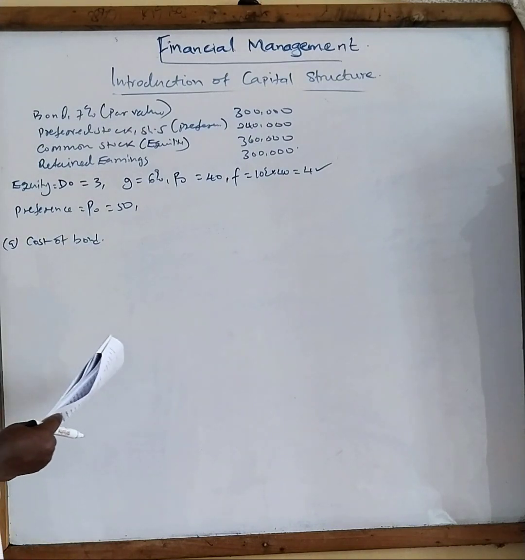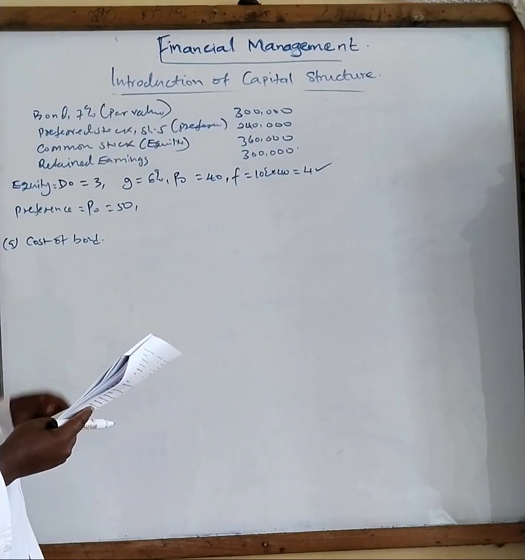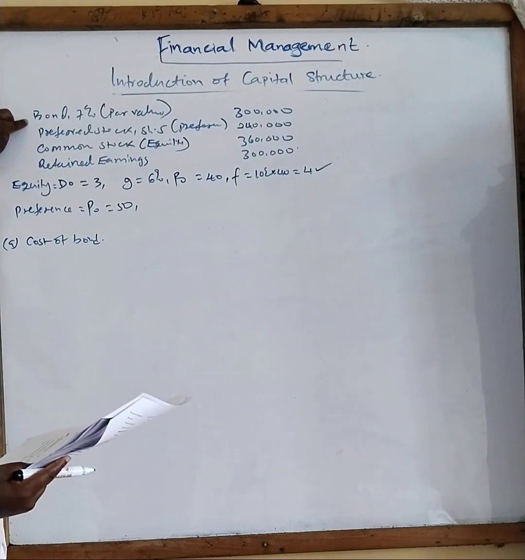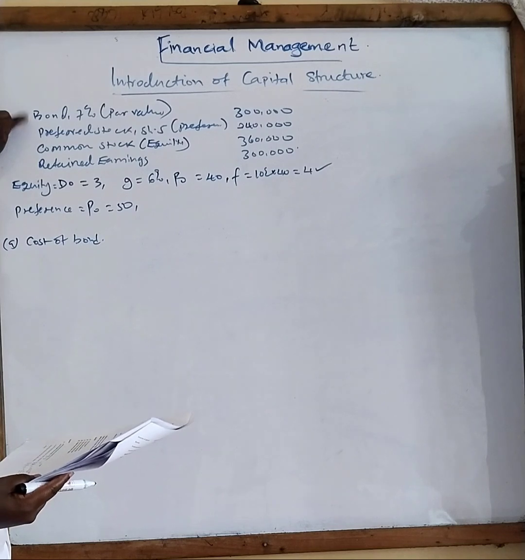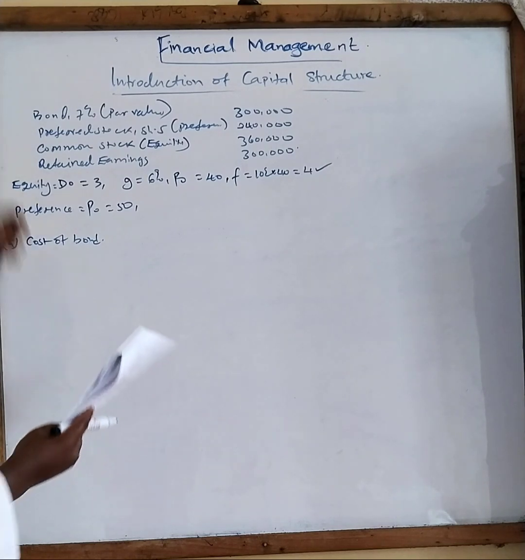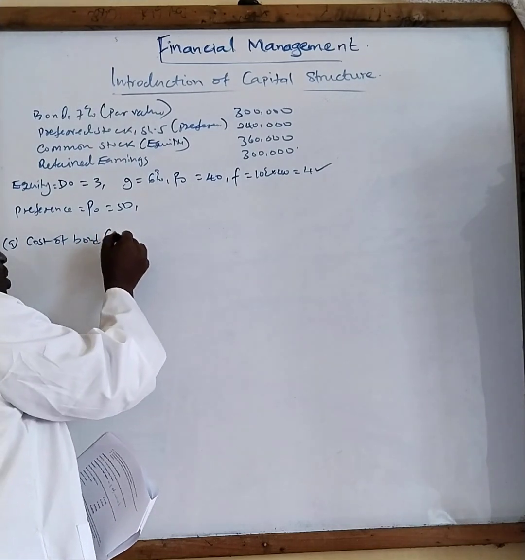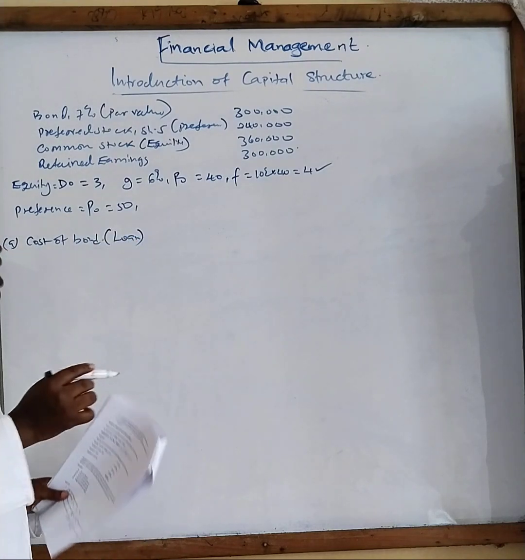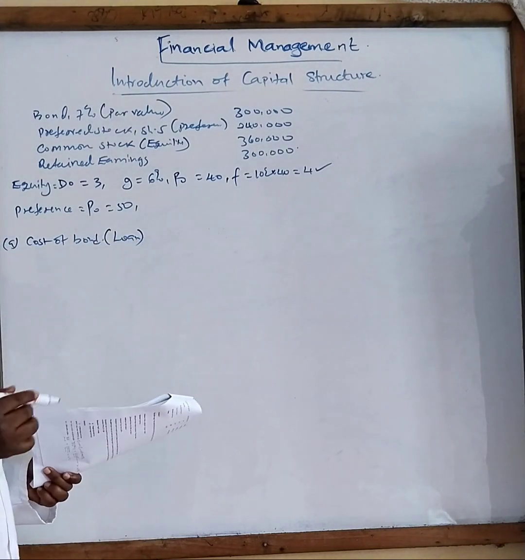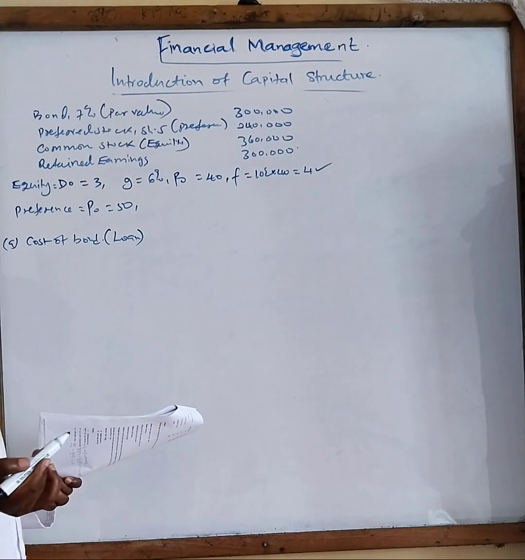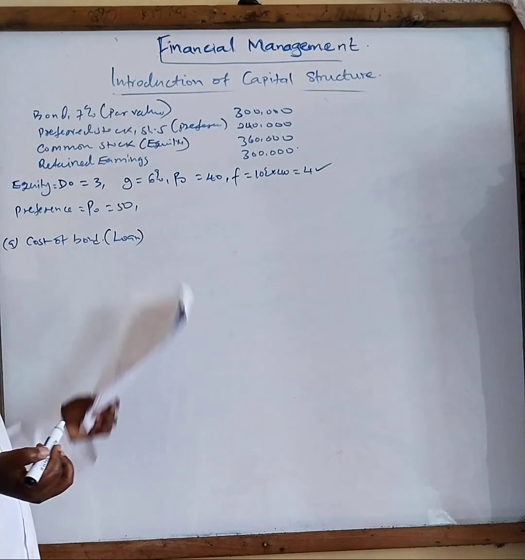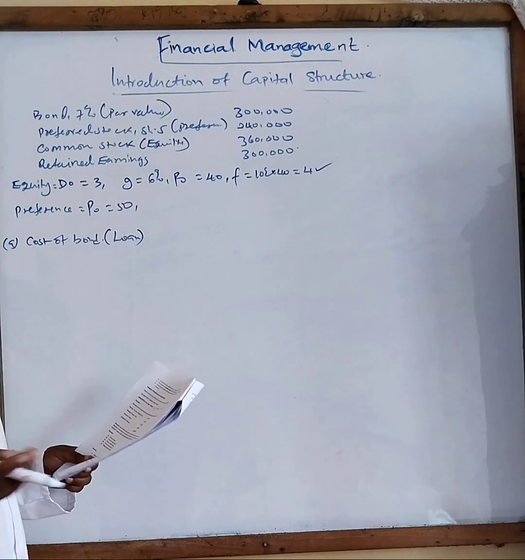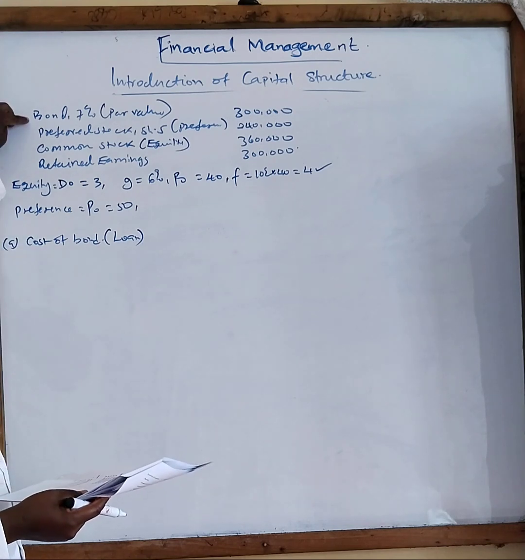Look at the bond carefully. This bond here doesn't have the market value, P0. Correct? Therefore, this particular bond here is in the form of a loan, because it doesn't have the market value. And it doesn't have also the period, whereby you can now classify it under debentures or bond. So therefore, this is a pure loan.